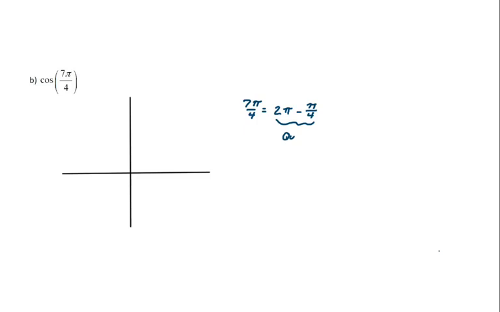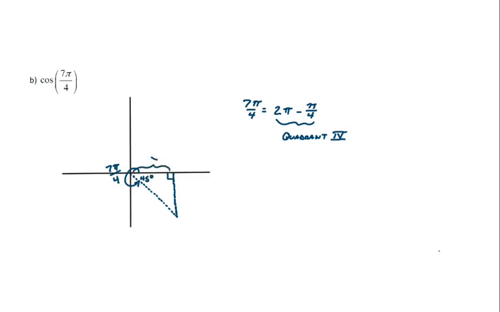So that tells me it's going to be almost a full rotation, but I'm going to back up pi over 4. That puts me in quadrant 4, halfway between 3 pi over 2 and 2 pi, which is 7 pi over 4. That means my reference angle, the distance from the terminal side to the x-axis, would be pi over 4, or 45 degrees.